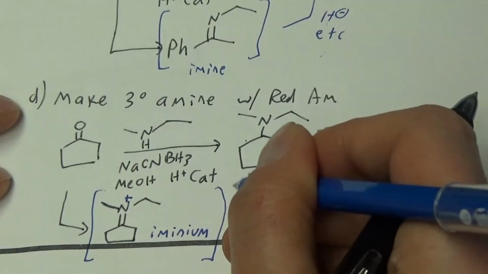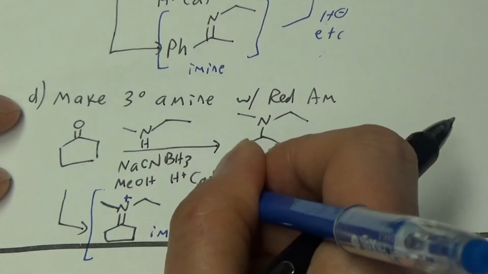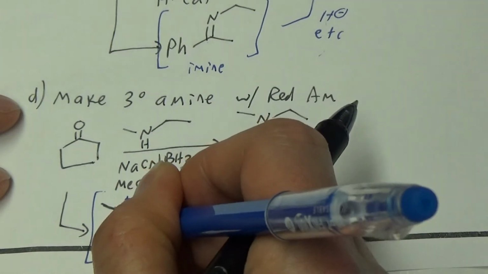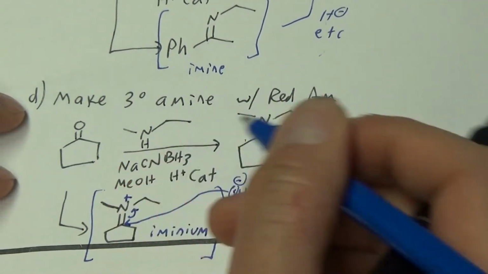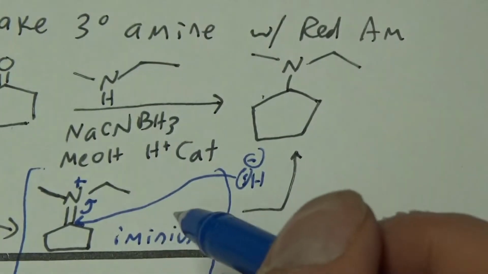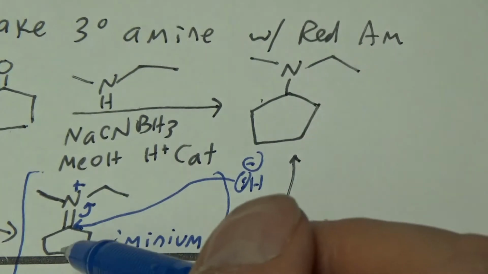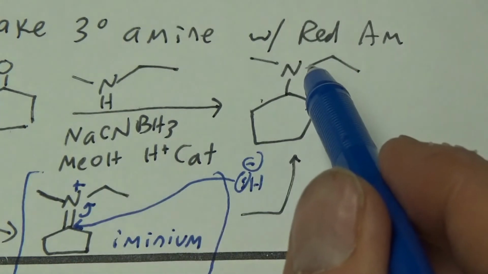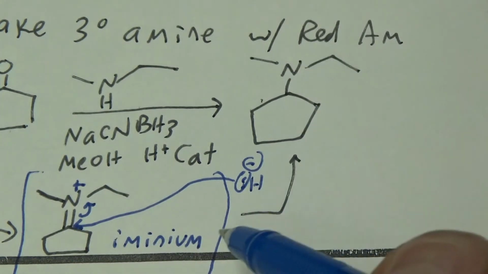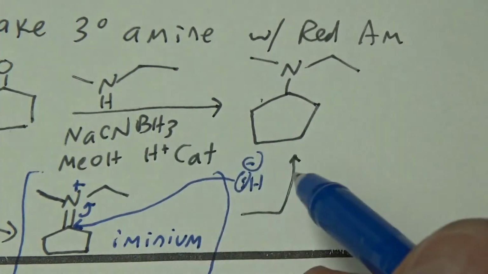H minus, circle the lone pair, attacks the carbon, electrons go up. Now there's actually no protonation step. It's not like you need to protonate the nitrogen because there's no proton that needs to be incorporated. It simply reduces. This is the NaCN-BH3 is hydride. Let's draw that nicer.